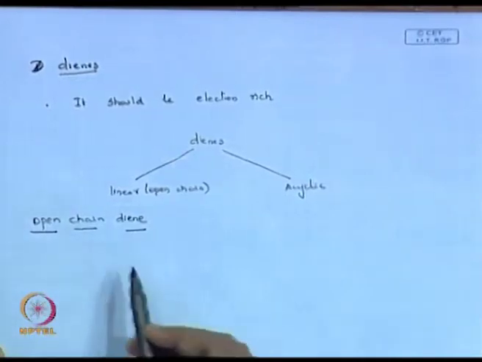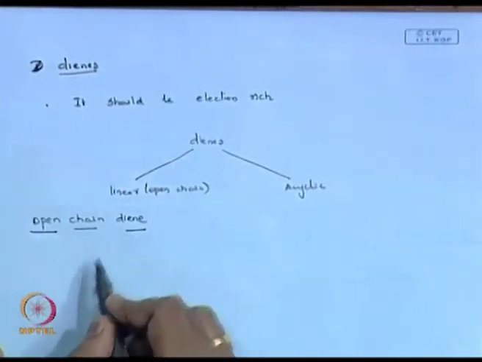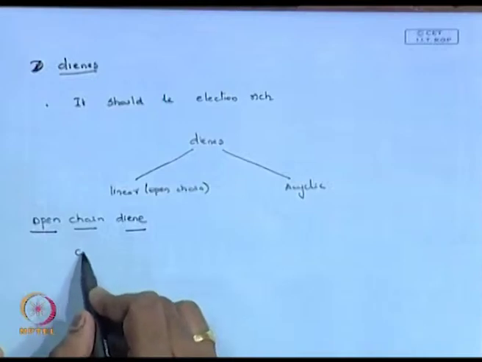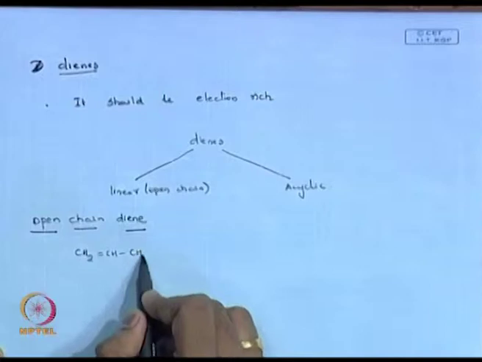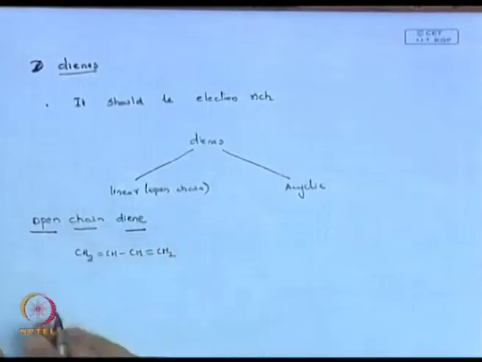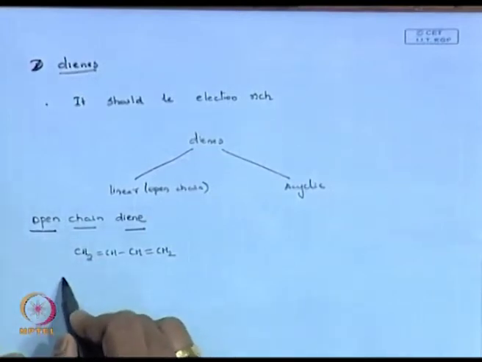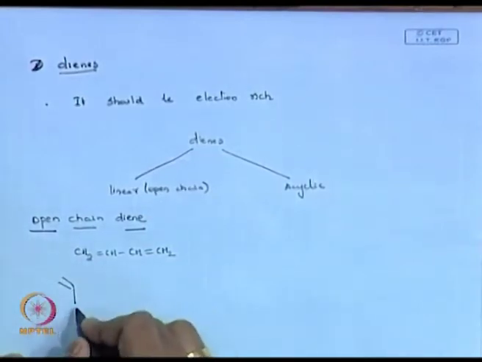this is the simplest way of writing butadiene. How does it exist? Normally you can write it two ways.